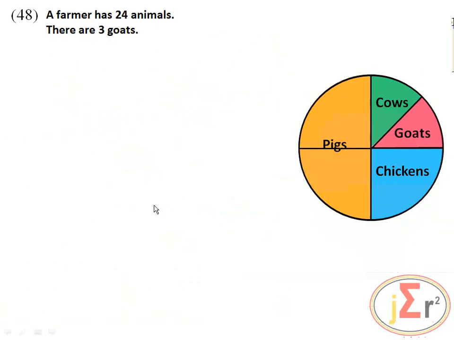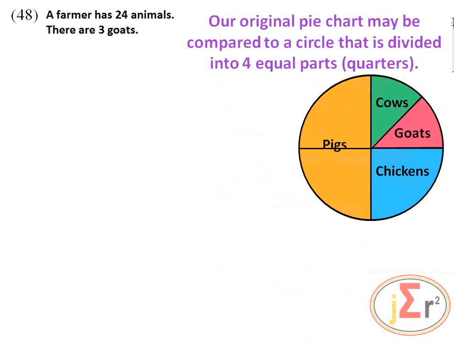A farmer has 24 animals. There are 3 what? Goats. Our original pie chart may be compared to a circle that is divided into how many equal parts? 4. 4 equal parts. That's what we are doing.